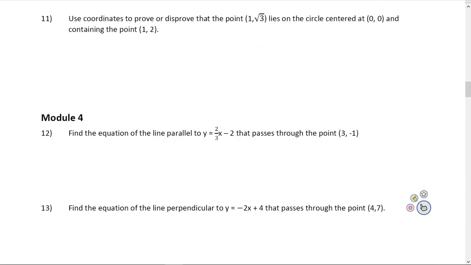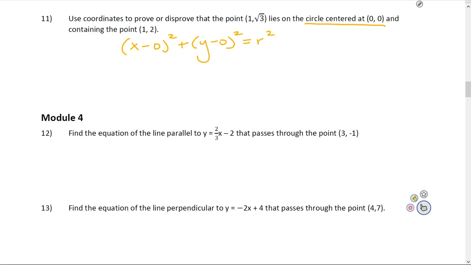Number 11, use coordinates to prove or disprove that the point 1, root 3 lies on the circle centered at 0, 0 and containing the point 1, 2. Well, if the circle is centered at 0, 0, then it'll be x minus 0, y minus 0 squared equals r squared.